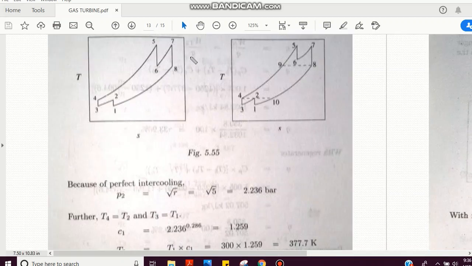So you can see there are two diagrams present. This one is without regeneration and this is with regeneration. Okay, so let's see.